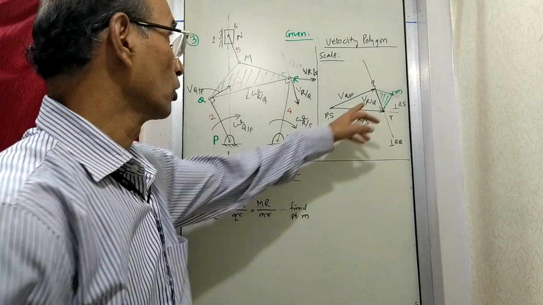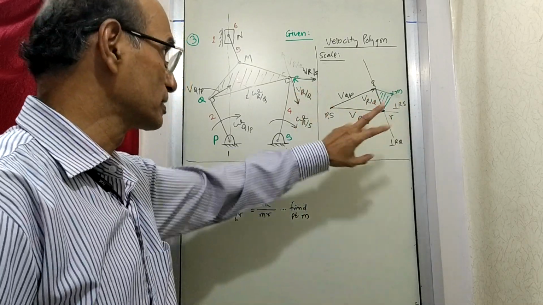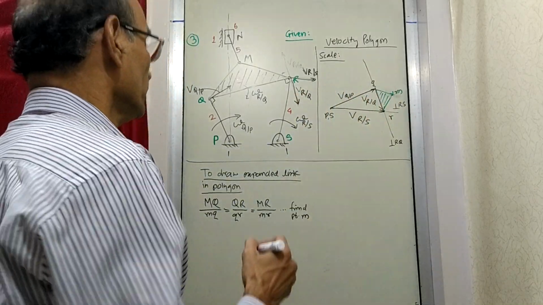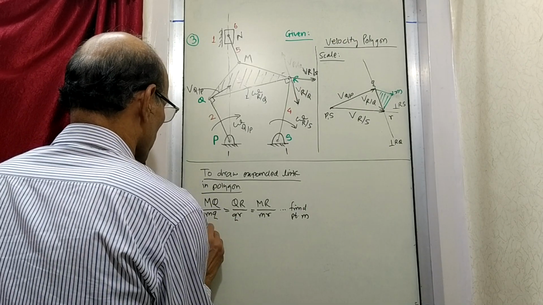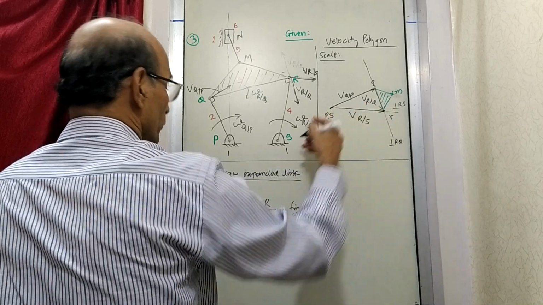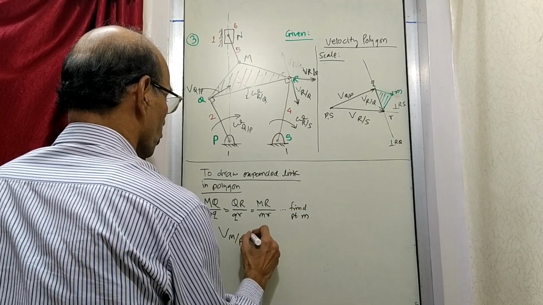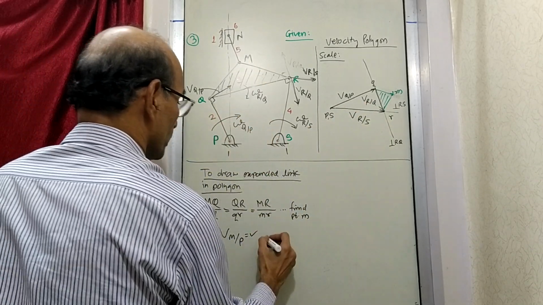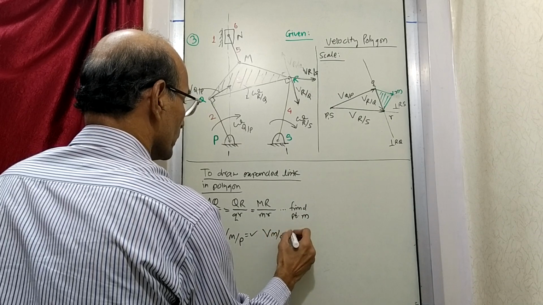So we have found out point M by this method, which we already discussed last time. So after knowing this, you can find out different velocities because of getting the point M. So velocity of M with respect to P is known. Velocity of M with respect to Q is known.